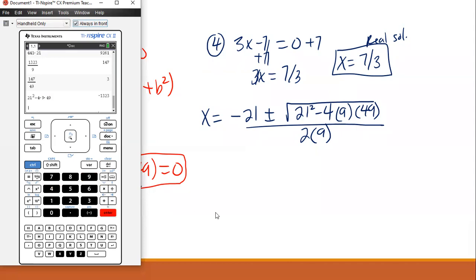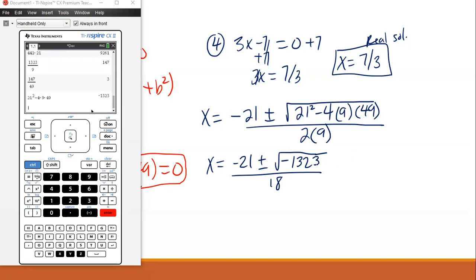And that gives us negative 1323. So we have x equals negative 21 plus or minus the square root of negative 1323 divided by 18. Now 1323 can be factored down. So we're going to factor 1323. I'm going to use the calculator to factor 1323.